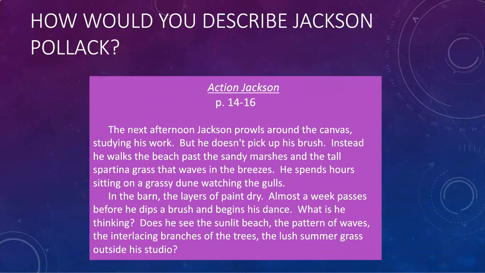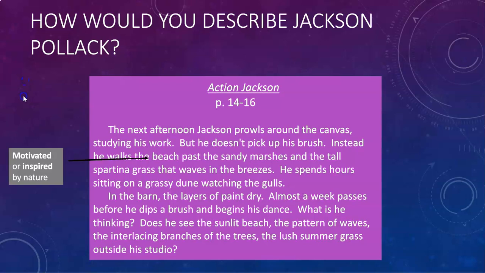All right, guys, so let's look at this piece of text a little bit more closely. And how would you continue to describe Jackson Pollock using this piece of text? Let me get a little closer to the screen, give it a good little read again. I bet we could say that he's motivated or inspired by nature.